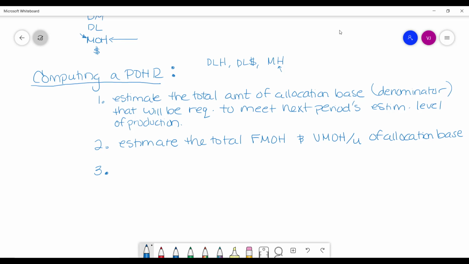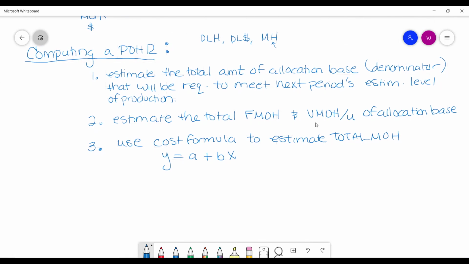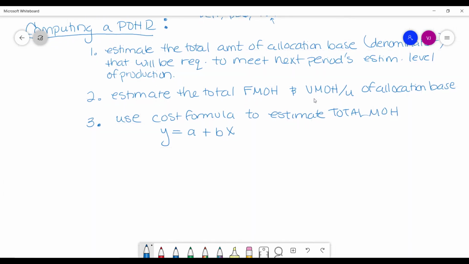And then the third step is we're going to use the cost formula to estimate our total manufacturing overhead for the coming period. Remember, our cost formula is y = a + bx. Let me scroll up a little bit. This cost formula works for any situation.